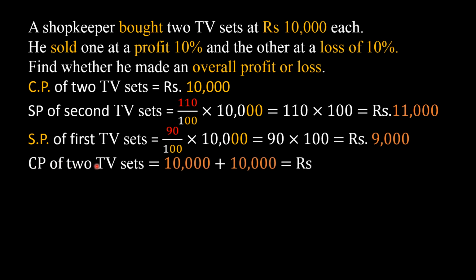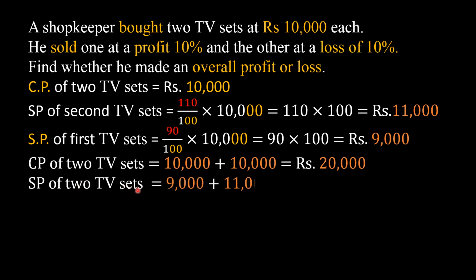The cost price of two TV sets will be 10,000 plus 10,000, that will be rupees 20,000. Selling price of two TV sets will be 9,000, that is the selling price of the first TV set, plus 11,000, the selling price of the second TV set, which will be rupees 20,000.